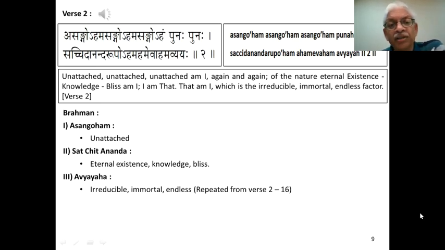And then beyond all the 3 is our real state. And what is the real state? It is irreducible. That means it cannot be increased or decreased. Immortal. Immortal means it has no death, it has no birth. And endless. Endless means it never had a beginning, it will never end.